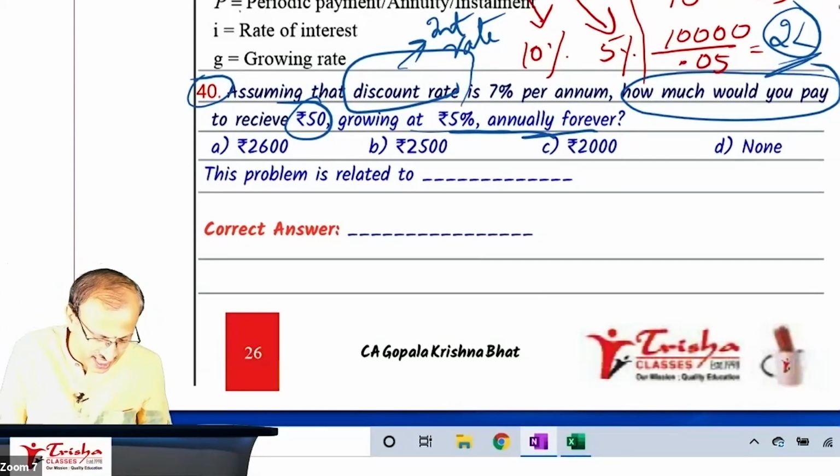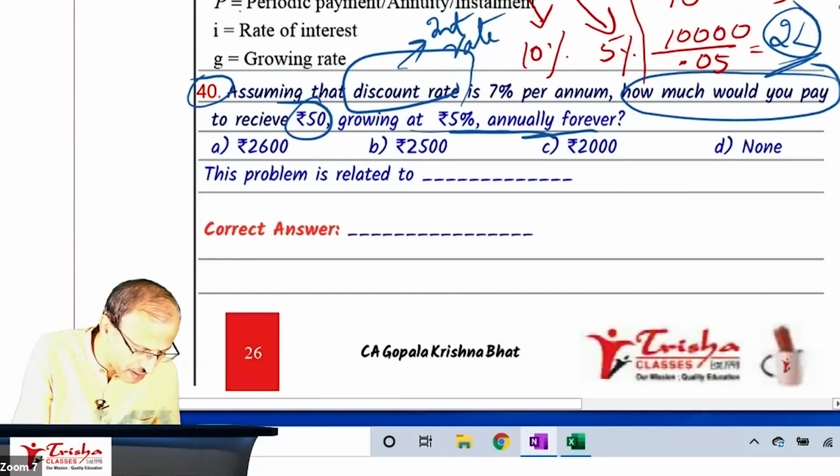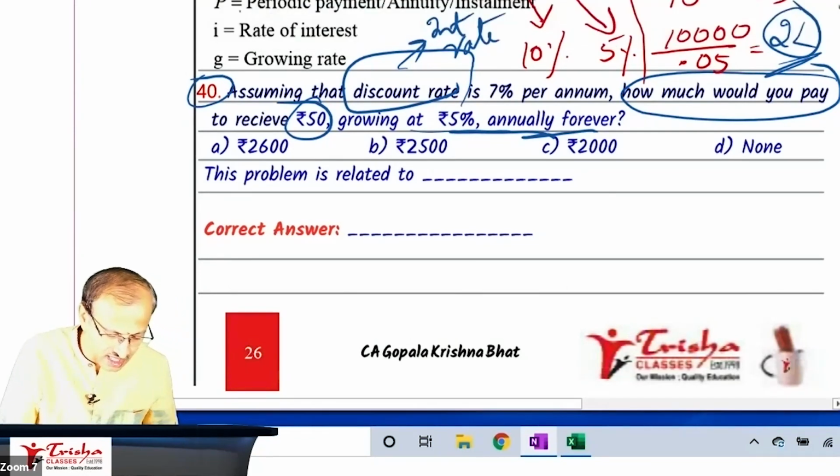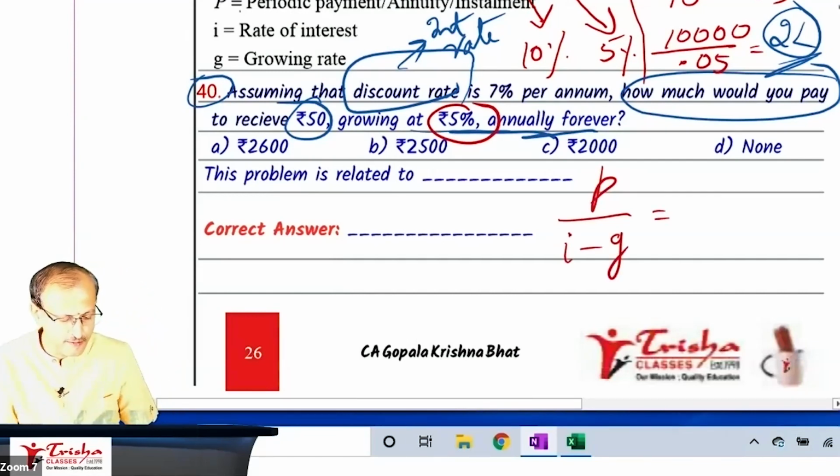Okay, solution. Can you help me? Formula. Can all of you help me? What is the formula? Is it P by I, or I minus G? There is a growth rate, no? So I will write P by I minus G. Substitute. What is P? Periodically you want to receive what money?